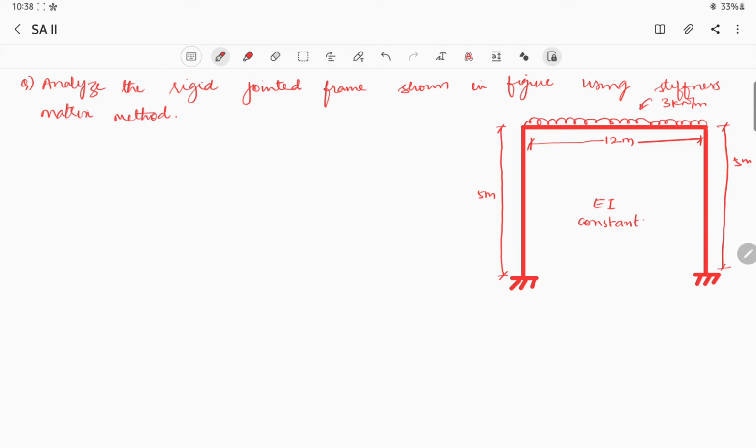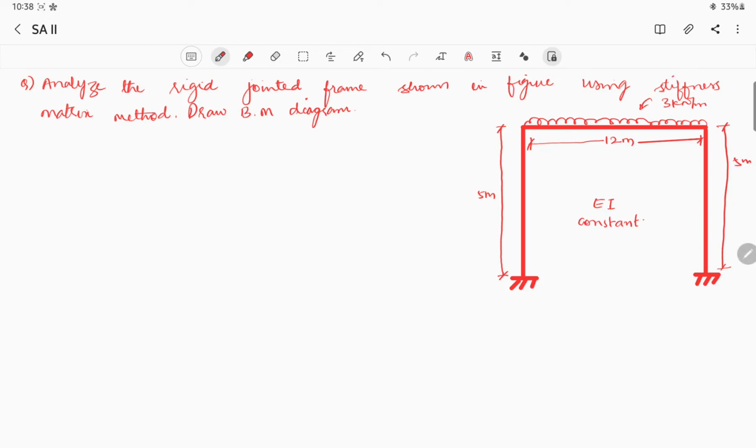Also, he is asking us to draw the bending moment diagram. Alright, so now we have to find all the moments of this particular rigid jointed frame using stiffness matrix method.